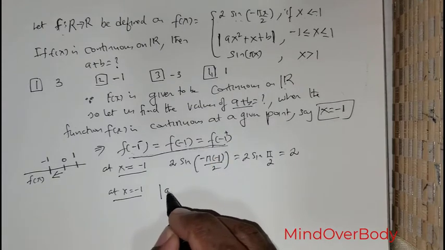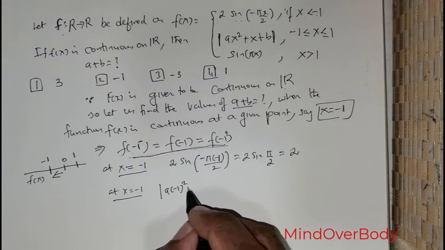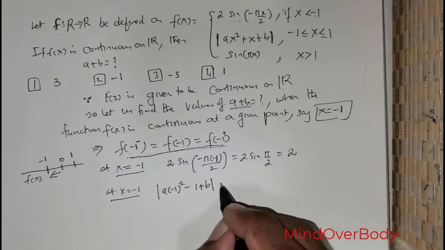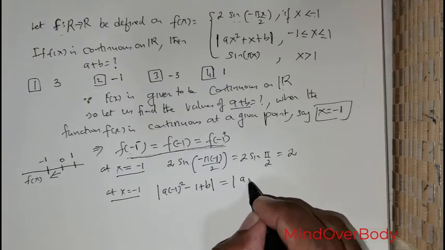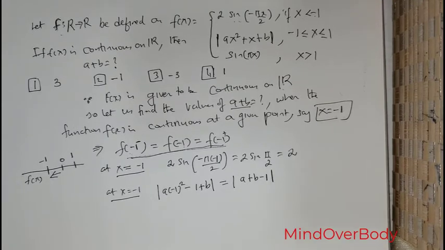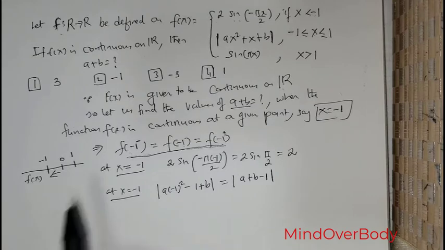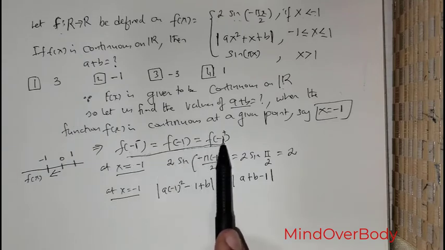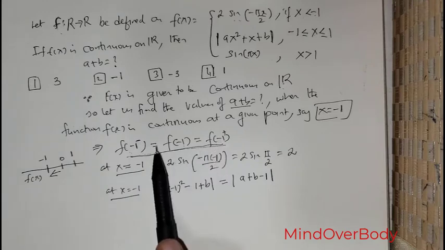So this is going to be a of negative 1 squared negative 1 plus b, which is equal to modulus of a plus b minus 1. So this is what we have got. But whether you go to the value x equal to negative 1 from the left side or from the right side, they are both one and the same.